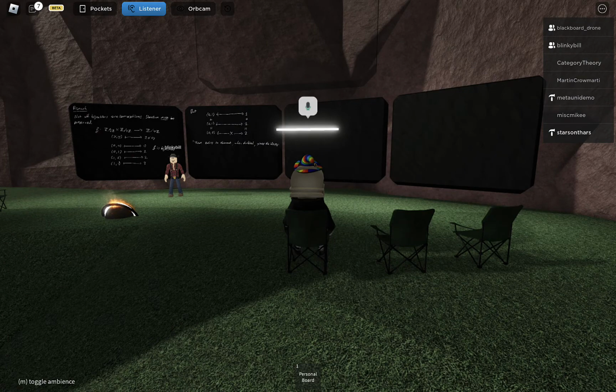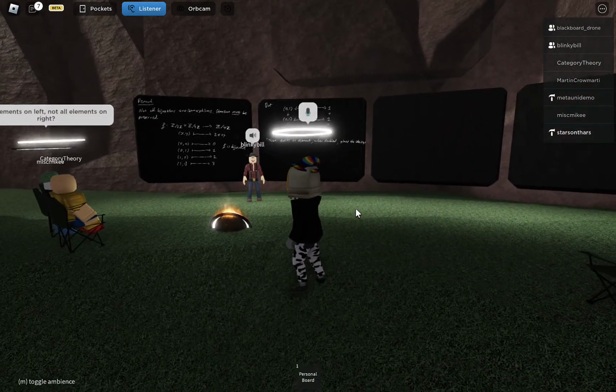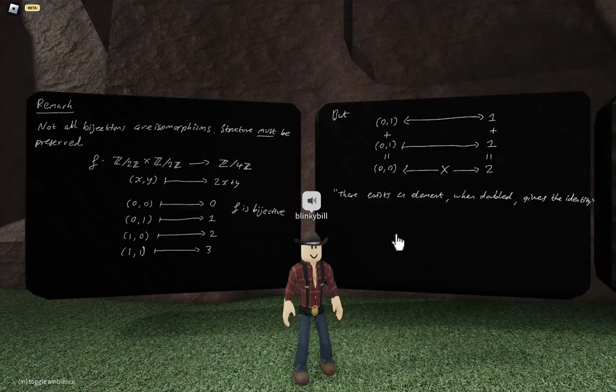Sorry, I wasn't paying attention. What's the issue? Okay, I wrote down that the group on the left satisfies the property that there exists an element that when doubled gives the identity. But that's clearly not true because you can double 2 and get 0.